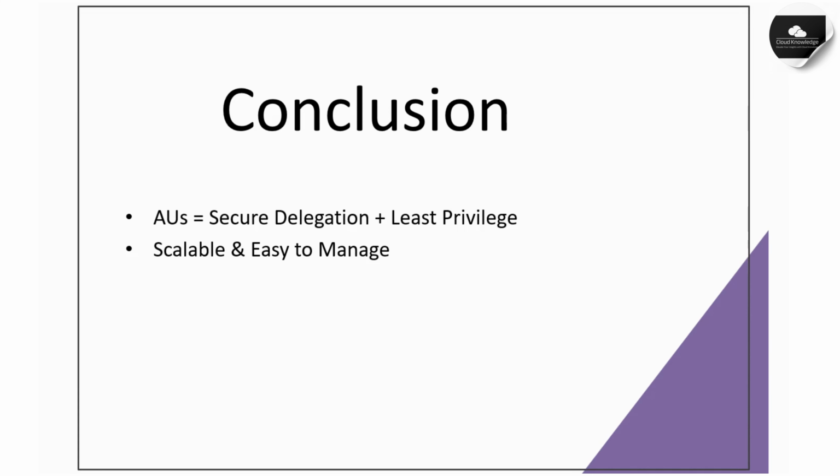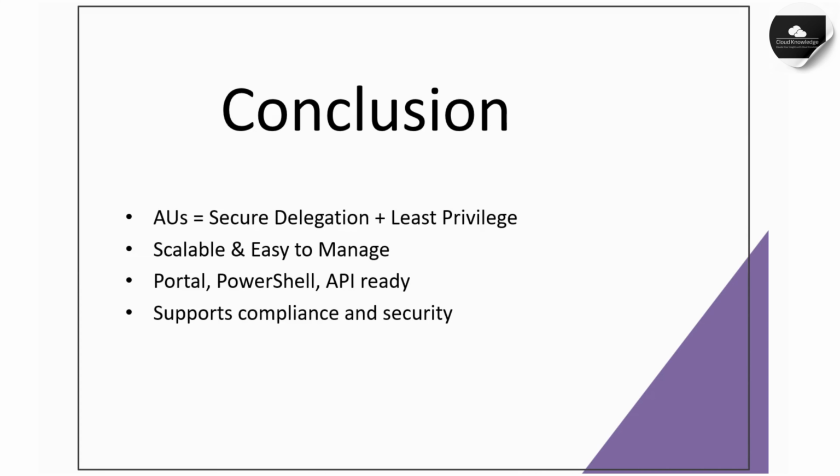So it is scalable, easy to manage over all the users, and the top thing is that it is securely delegated and follows least privilege. Correct. And we can perform the steps, like creating the AUs, from the portal, from PowerShell, and from the API also, as we have discussed. So these are all the things.